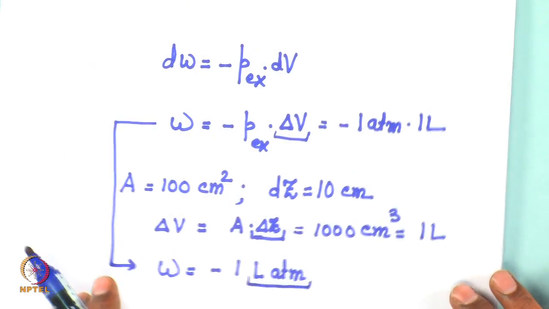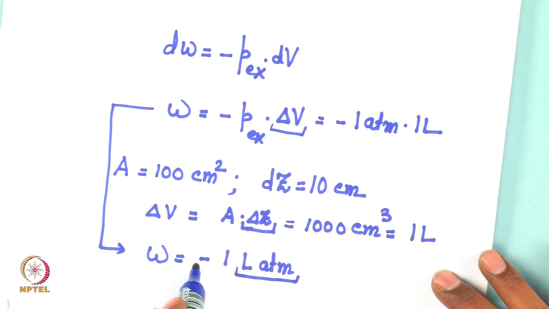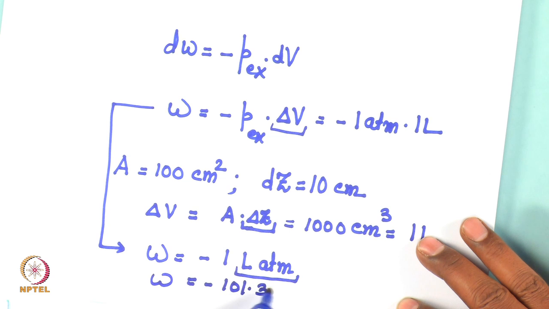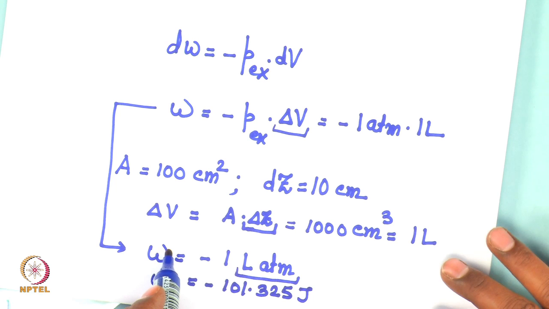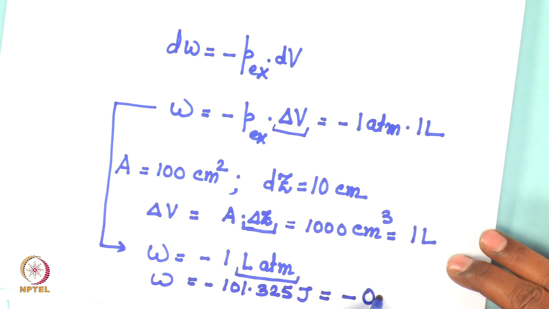So, in order to convert liter atmosphere into joules, I will multiply by a factor of 101.325, and the work done will be equal to minus 101.325 joules, which is equal to minus 0.10 kilojoules.